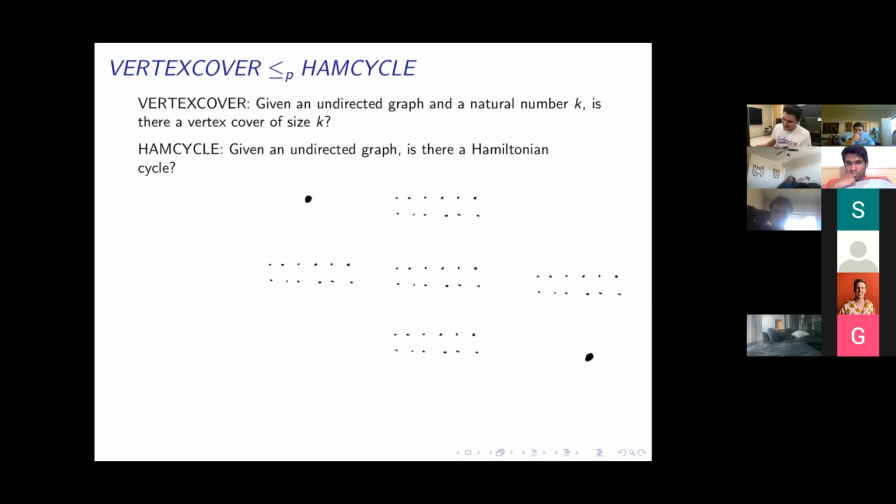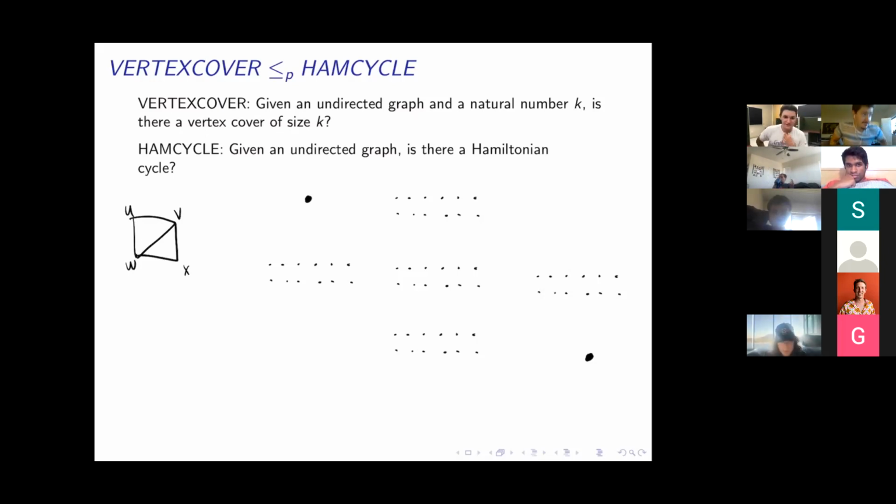And this is going to look silly, but the graph I'm going to reduce for you is this one here, on 4 vertices, 5 edges, not a very exciting graph.